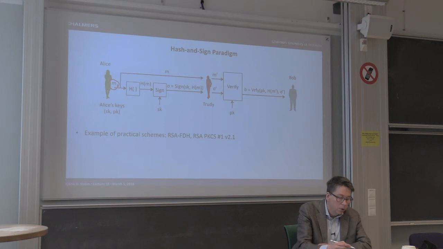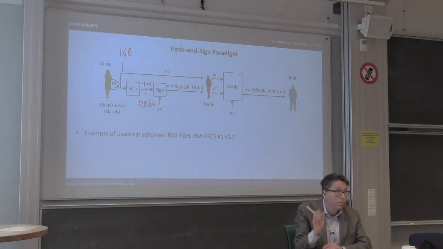If the message is 1 gigabyte and the hash is 128 bits, you can understand that there is a huge difference in computational complexity. The practical schemes include these. Maybe you've heard of them, maybe not.